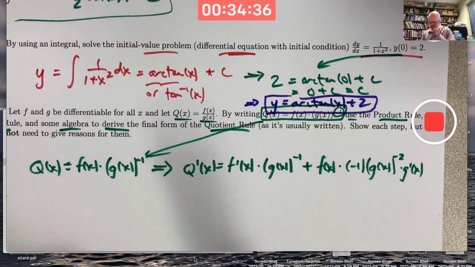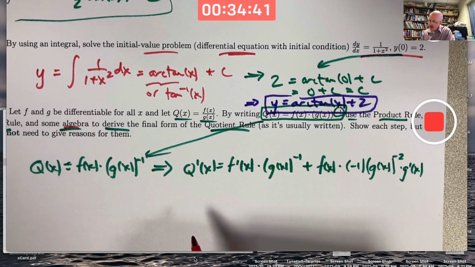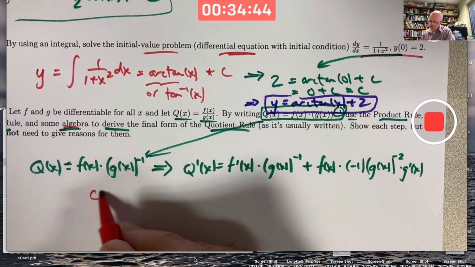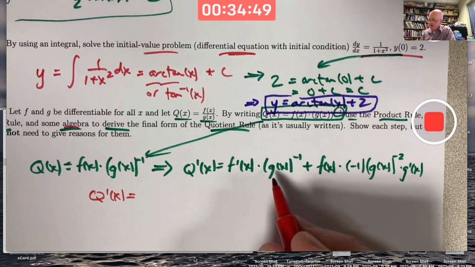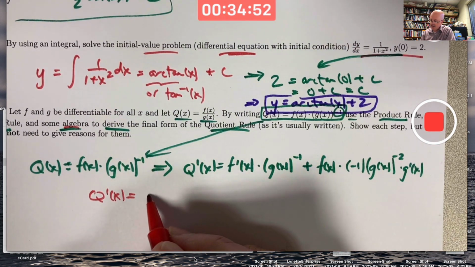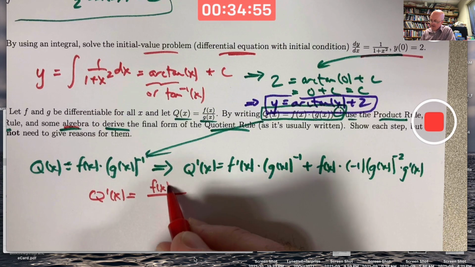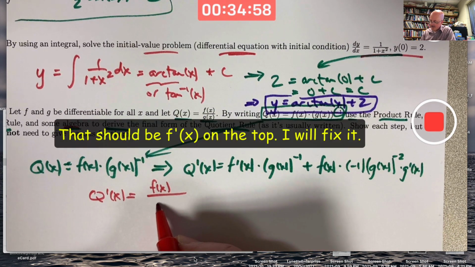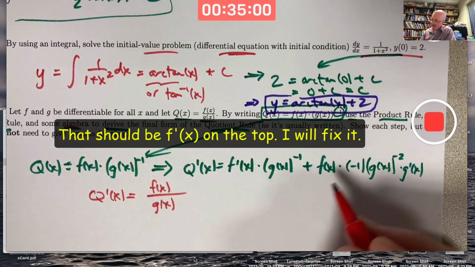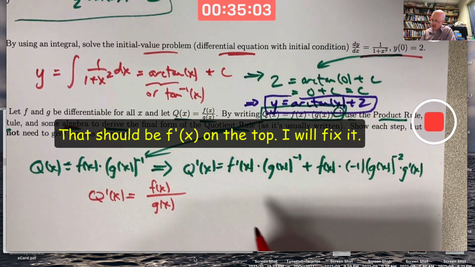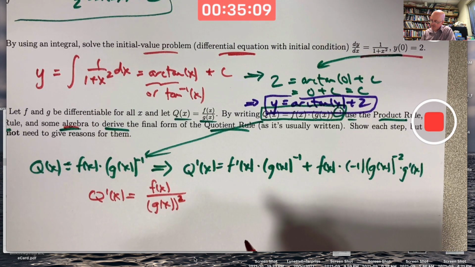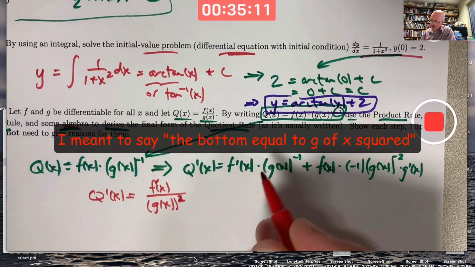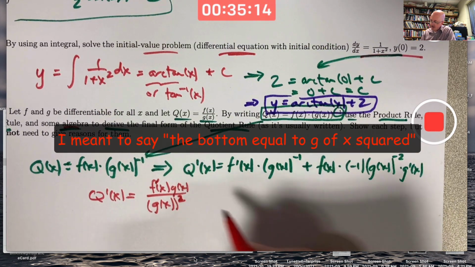Doesn't look like the quotient rule yet, but now I need to do some algebra. I've done the product rule and chain rule. Write these things as fractions and get a common denominator of g of x quantity squared in the bottom. This part initially is f prime of x divided by g of x, but I want to get a common denominator of g of x quantity squared, so I multiply the top and the bottom of this by g of x. The top is f prime of x times g of x.